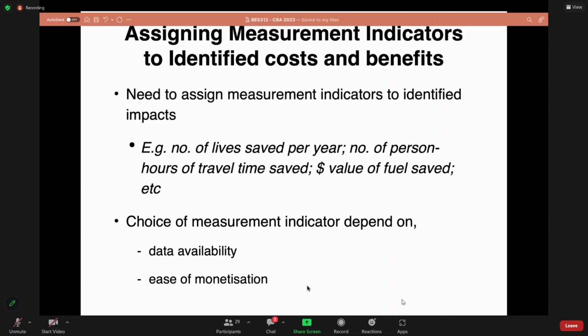So based on the data we have available and based on how easy it is for us to then assign a money value to these things, we have to select these metrics.